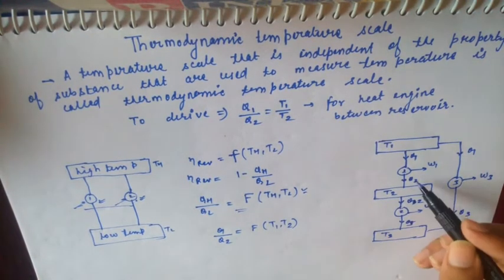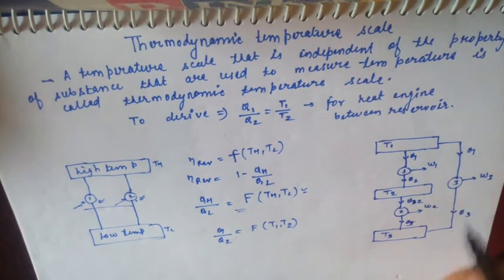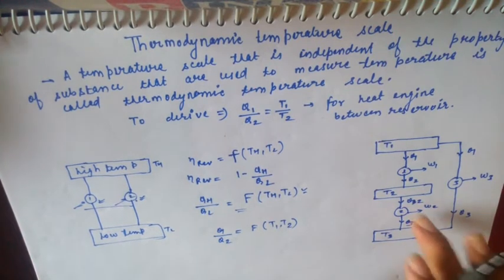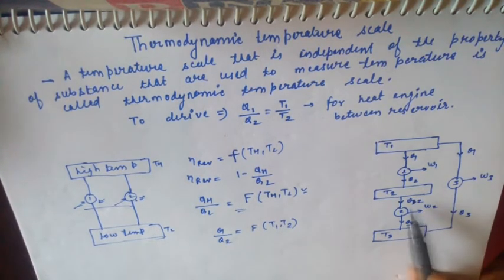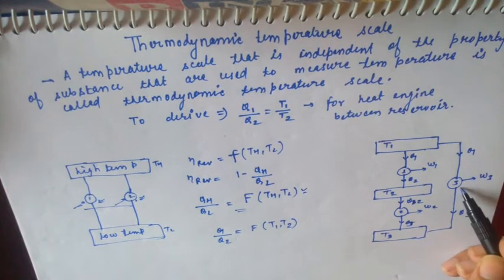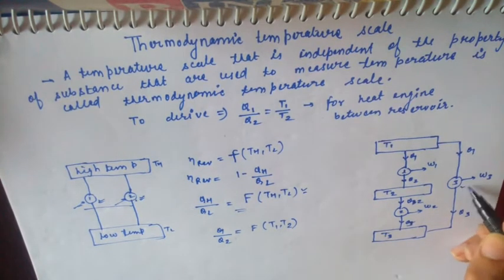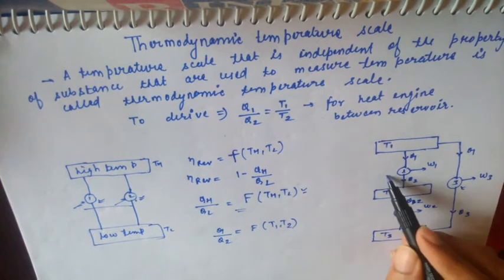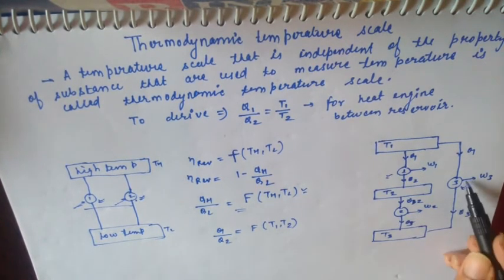because whatever heat is rejected by heat engine first is accepted by heat engine second, as we are assuming for deriving this equation, and whatever heat is rejected by heat engine second, heat engine 3 will be rejecting the same part, because if we combine heat engine 1 and heat engine 2, we will get heat engine 3.